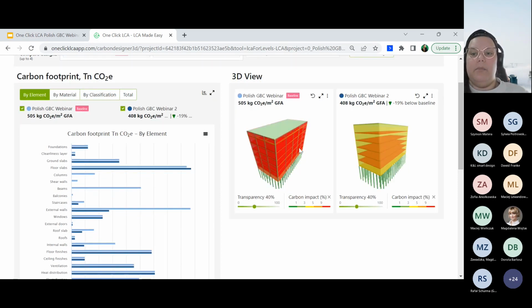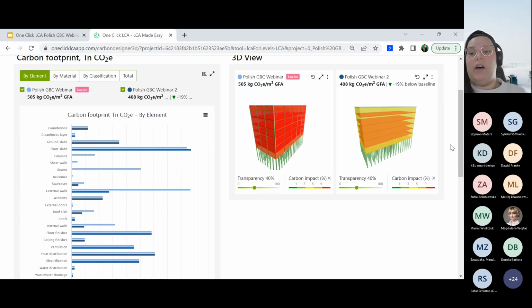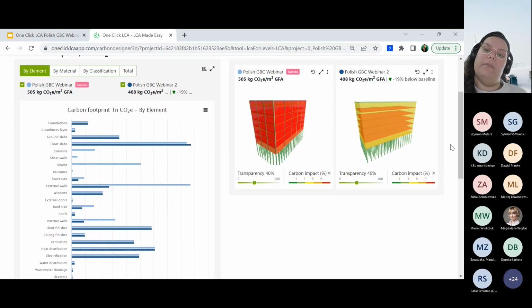Basically, the emissions here also shift a little bit in our second design. The external walls are not that much responsible for the emissions, but the floor slabs still are, as in the first design that we did for this project.